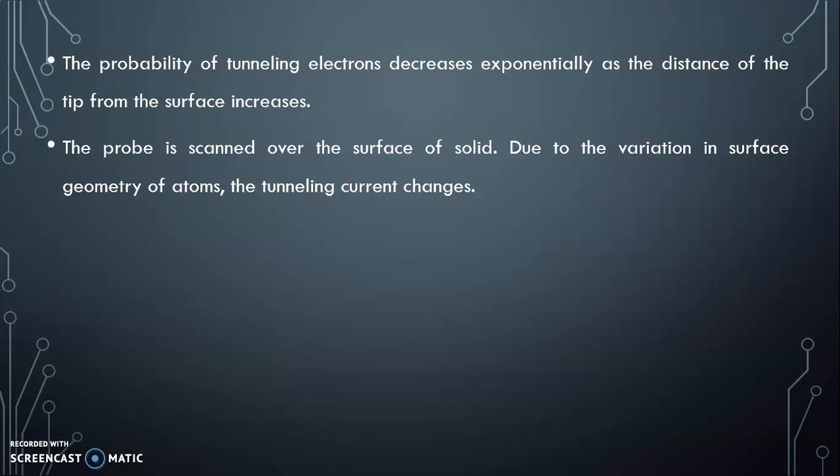Depending on the shape and structure, the tunneling current varies, and that variation in current is recorded in raster style. If you have seen some images in your childhood, the dotted images are there.